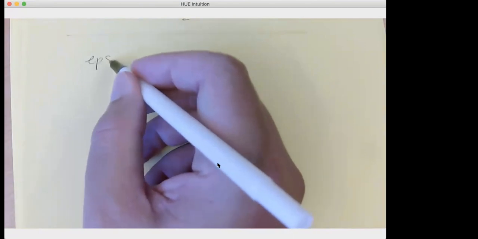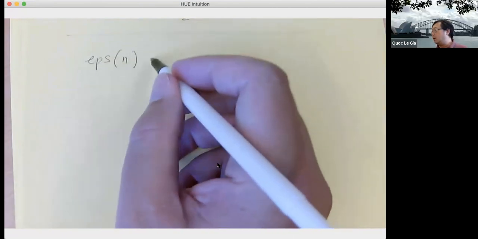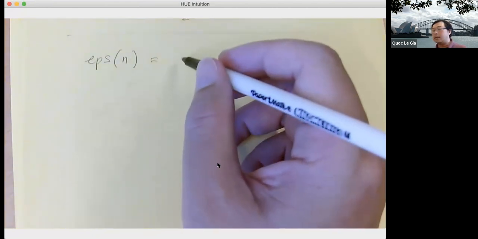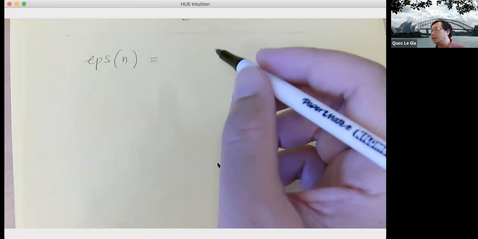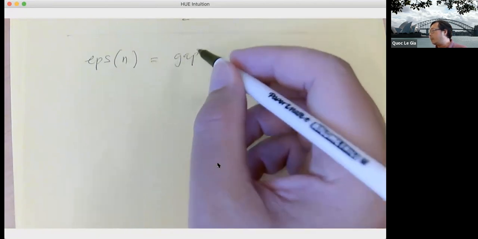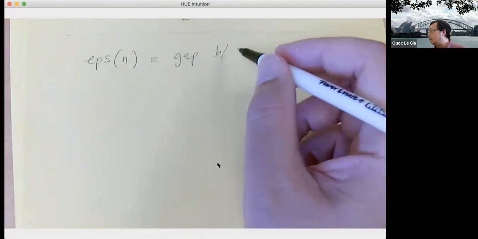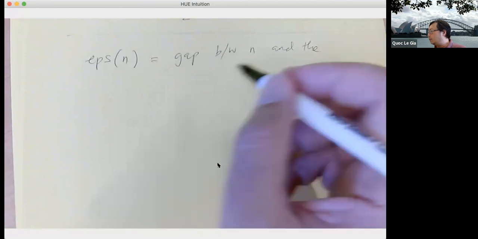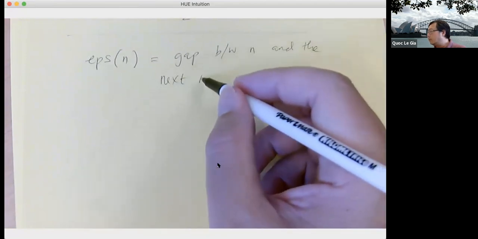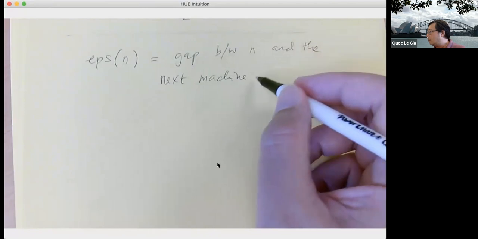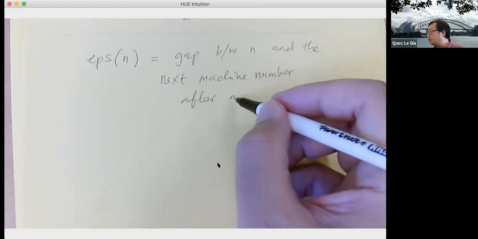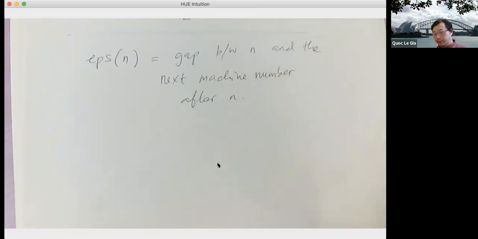Epsilon of n is just the gap between n and the next machine number after n. Okay, so maybe we do some examples.